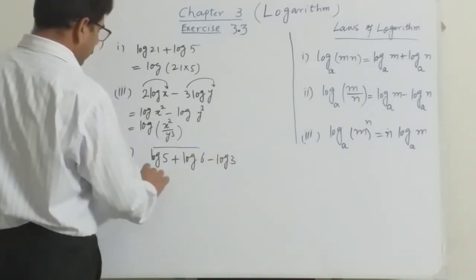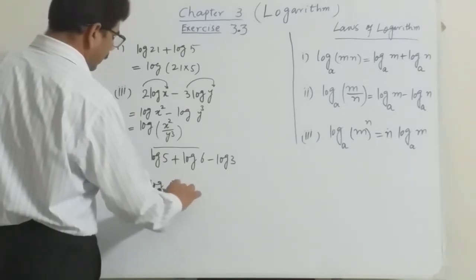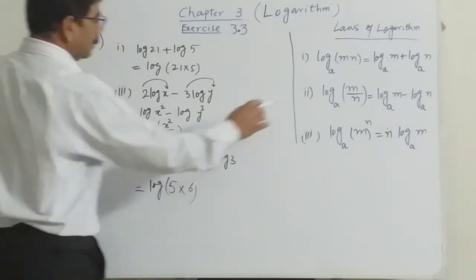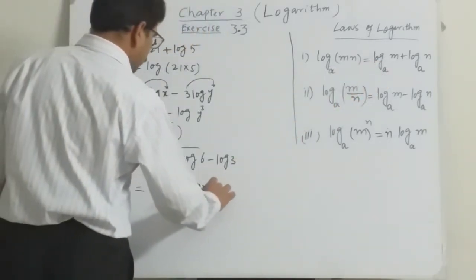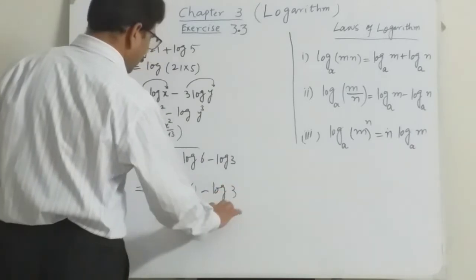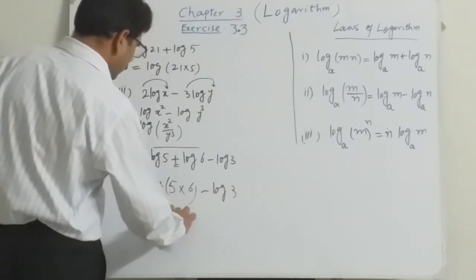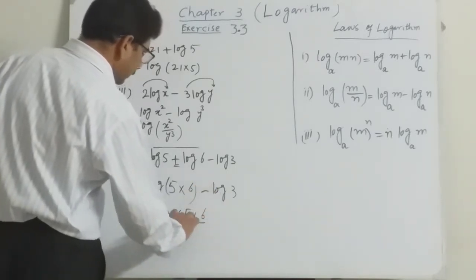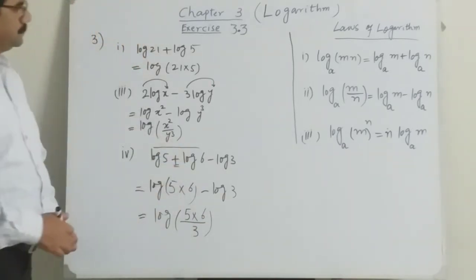This can be written as a single log in the form 5 multiplied by 6, because the plus sign will be changed into multiplication according to the first law, minus log 3. Now applying the second law, we can write it as log of 5 multiplied by 6, and the minus sign will be changed into division, divided by 3. That will be the answer.